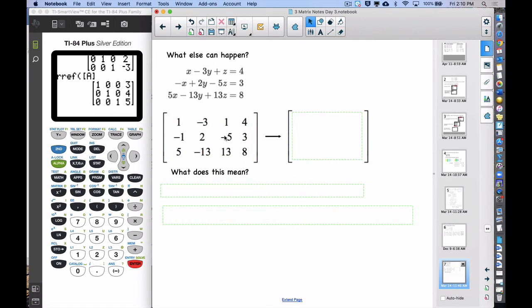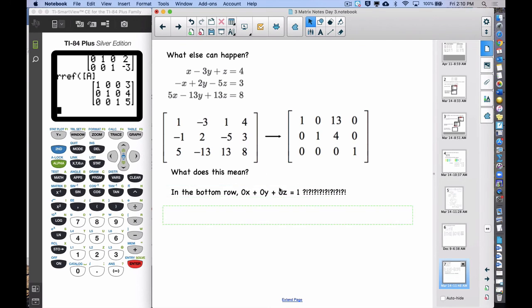Here's my augmented matrix. And for this particular system, when you do your RREF, this happens, which looks really similar, except instead of 1, then 1, then 1, and zeros in these other spots, this bottom row is a little bit different. If we think about what this really means, in the bottom row we have 0x plus 0y plus 0z equals 1.